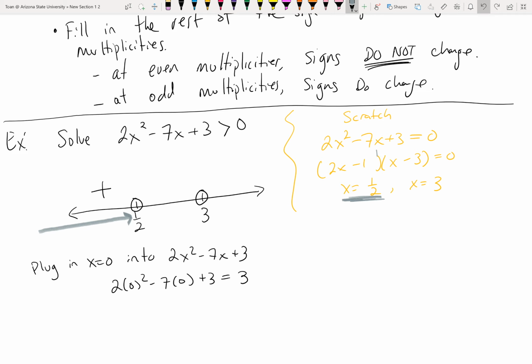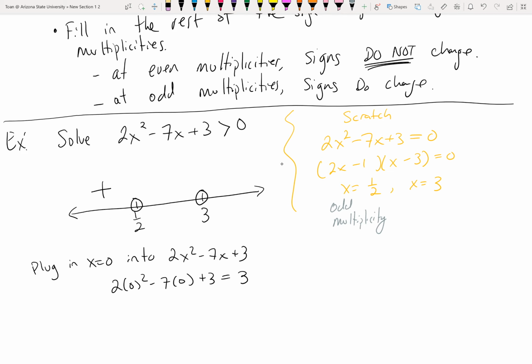Now again, just like with the number 3 in our sign diagram, I really don't care what the actual number is. All I care about is if it's positive or negative. And of course, the number 1 is odd. So this x-intercept of 1/2 has an odd multiplicity. What does odd multiplicity mean?